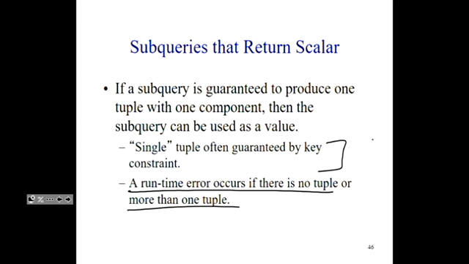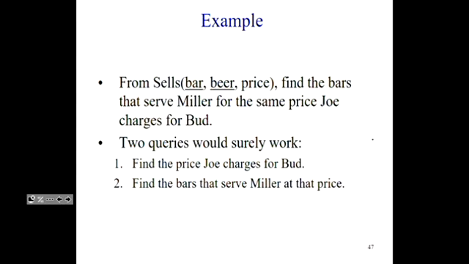Let's see how you can actually use this. Let's start with a simple example. Let's say I have a relation called Sells. I want to find the bars that serve Miller for the same price that Joe charges for Bud. Joe is the name of a bar, by the way. This is a case where two queries will probably work and will be very convenient to write.